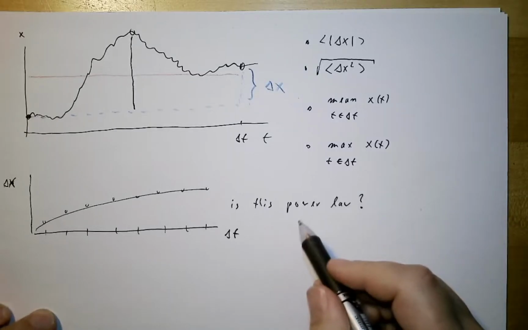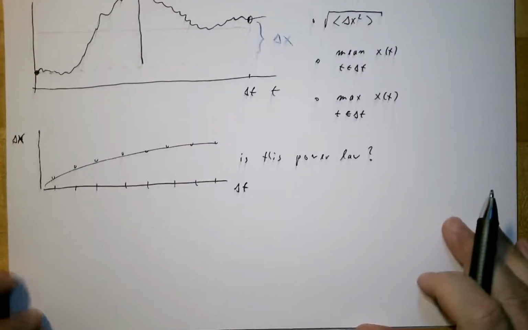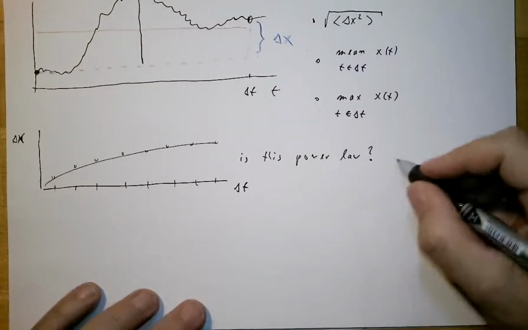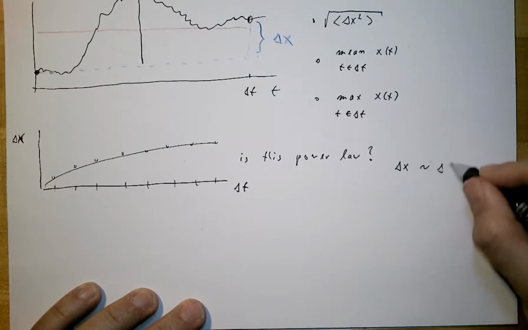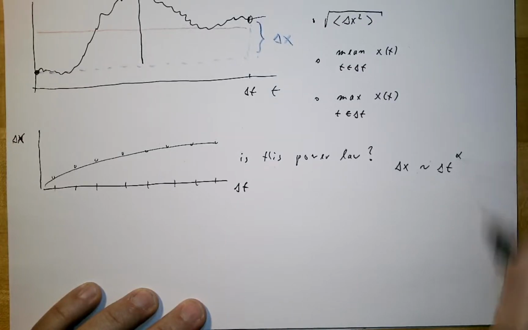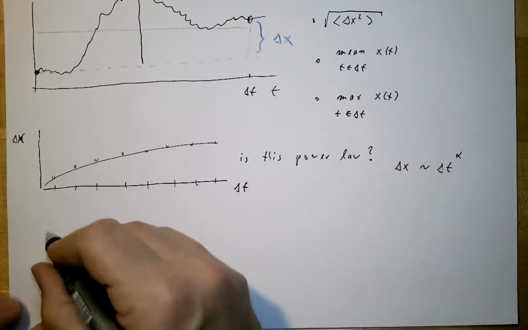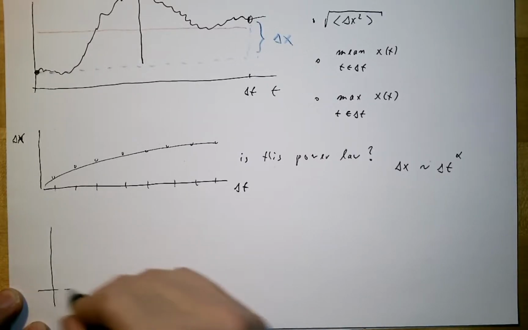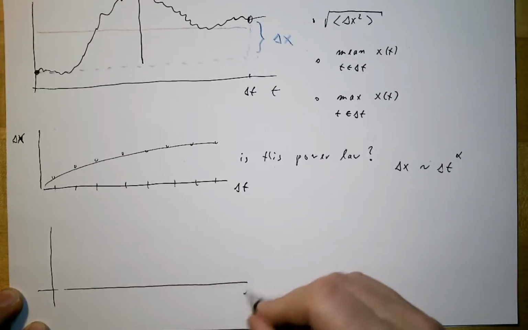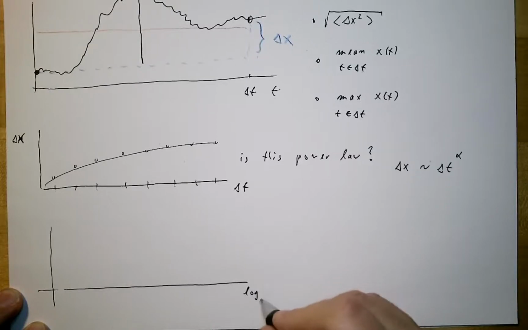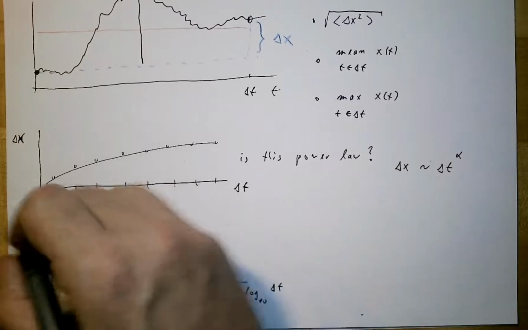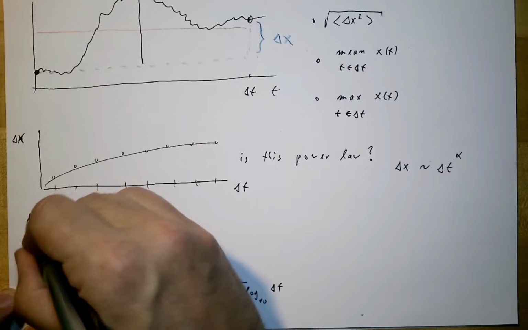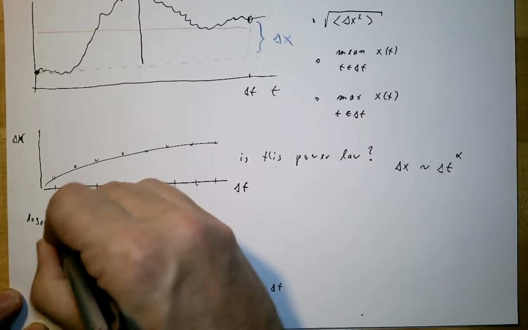If we want to know if this is a power law, then we know how to do it. It means our typical displacement delta x should go as our time displacement to some power alpha. So for this we need a log-log plot. I very often take log base 10: log 10 of delta t, and here also log 10 of our delta x.